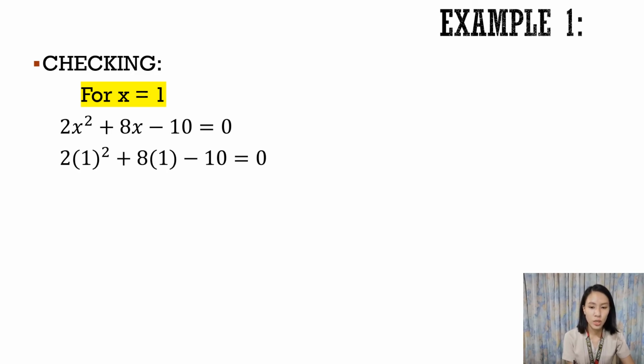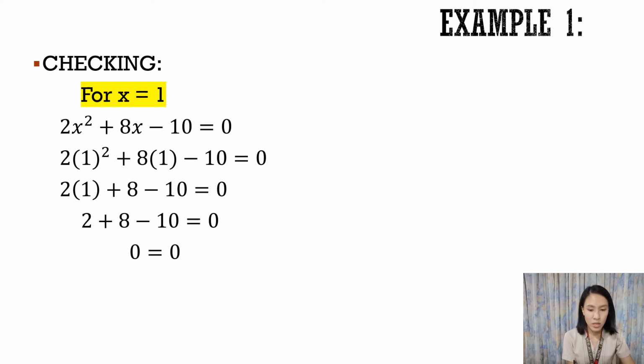By substitution, 2 times 1 squared plus 8 times 1 minus 10 is equal to 0. 2 times 1 plus 8 minus 10 equal to 0. 2 plus 8 minus 10 equal to 0. So 10 minus 10 is equal to 0. 0 is equal to 0. Therefore, x equal to 1 is correct.